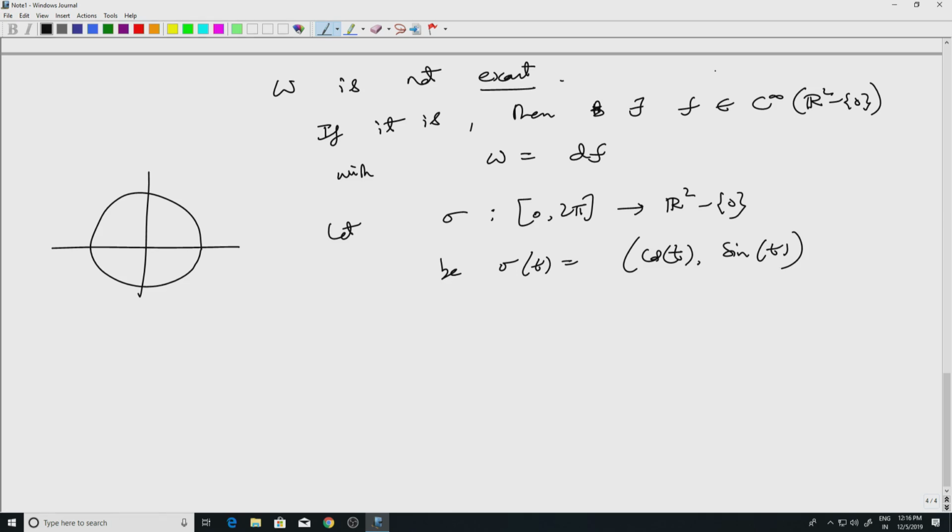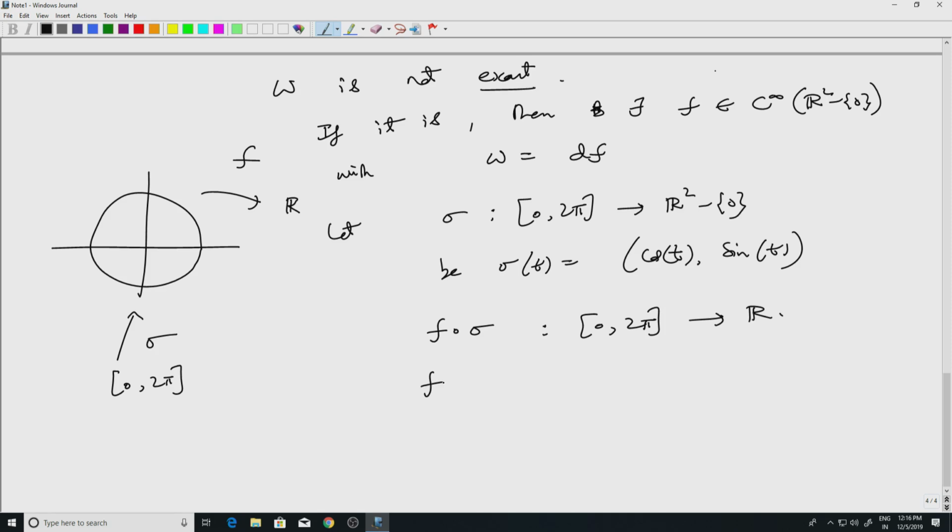Now I'll compose this f and sigma. F composed with sigma: f is a map to R, and sigma is a map from 0 to 2 pi to R2 minus 0, so I get a map from 0 to 2 pi to R. What we need about this map is two things.